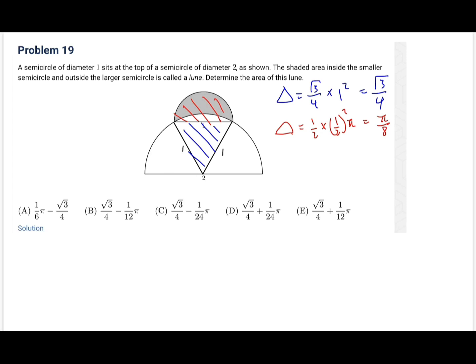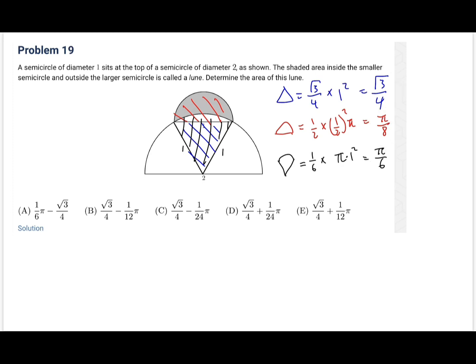Then we need to subtract this 1/6 of a circle, which would be 1 over 6 times pi times 1 squared, which is pi over 6. So what we need is this plus this minus this.